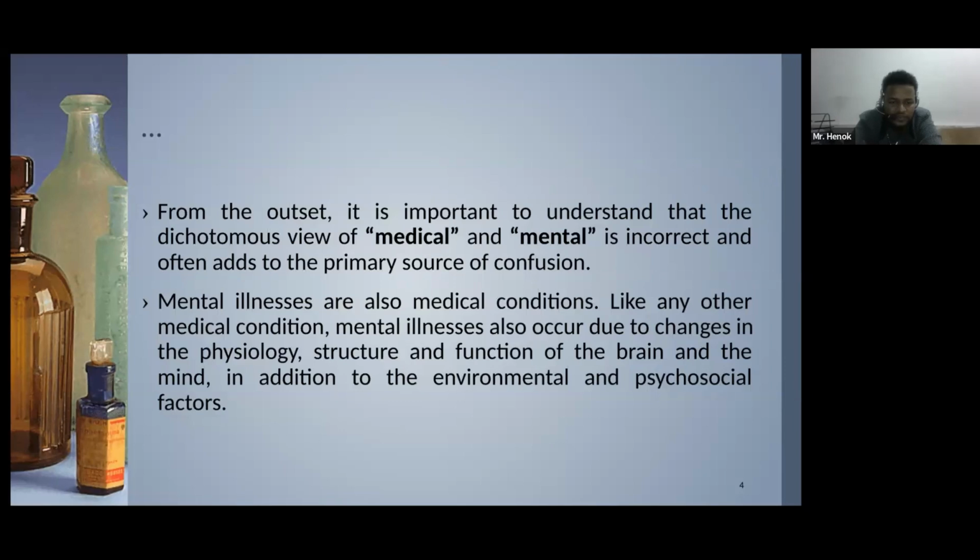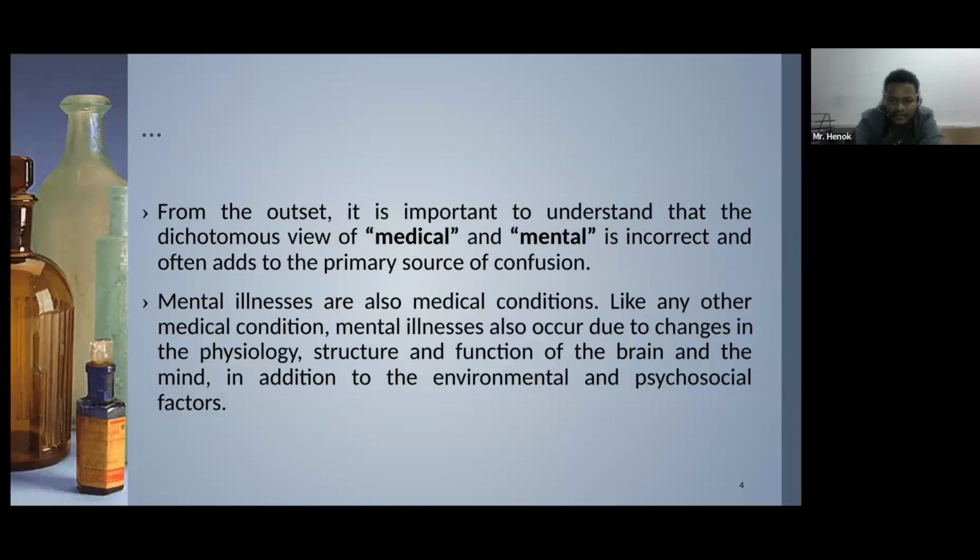Patients visiting a certain medical center or hospital go through a triage, right? If a patient with a medical condition or with mental illness mentions just one symptom, they will directly send you to either the medical OPD or the psychiatric OPD without checking what it is, right? My view is that mental illnesses are also medical conditions, like any other medical conditions.